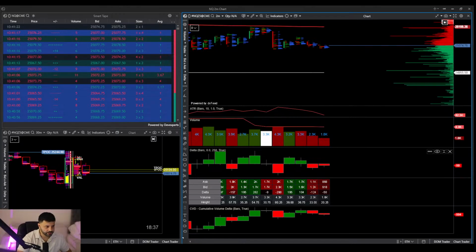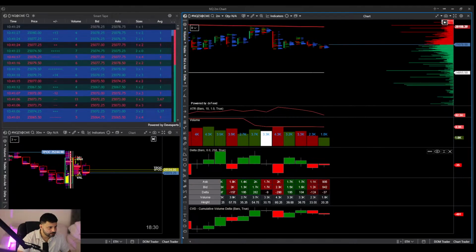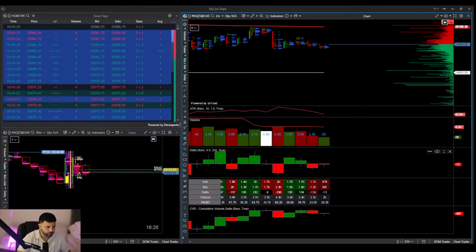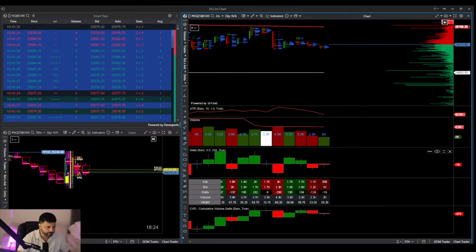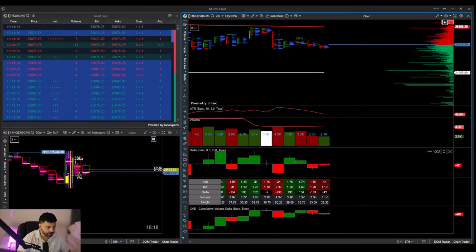Just chopping up the value area low. Looks like a range day though. Monday, indecisive day. Nvidia earnings on Wednesday.